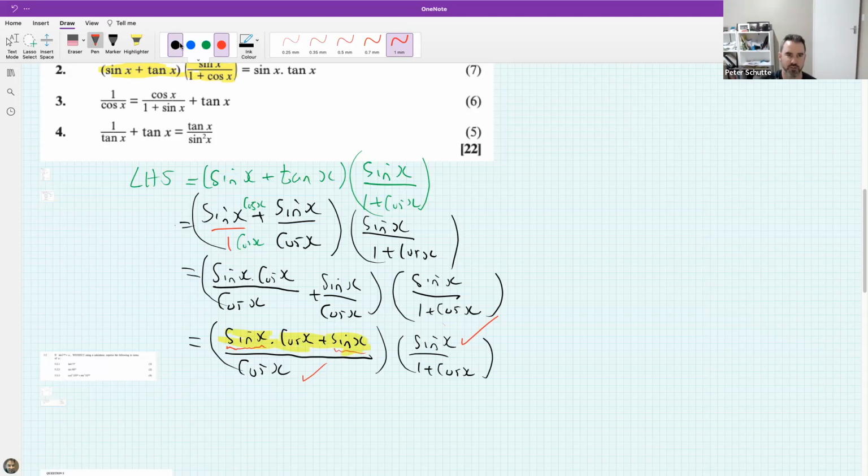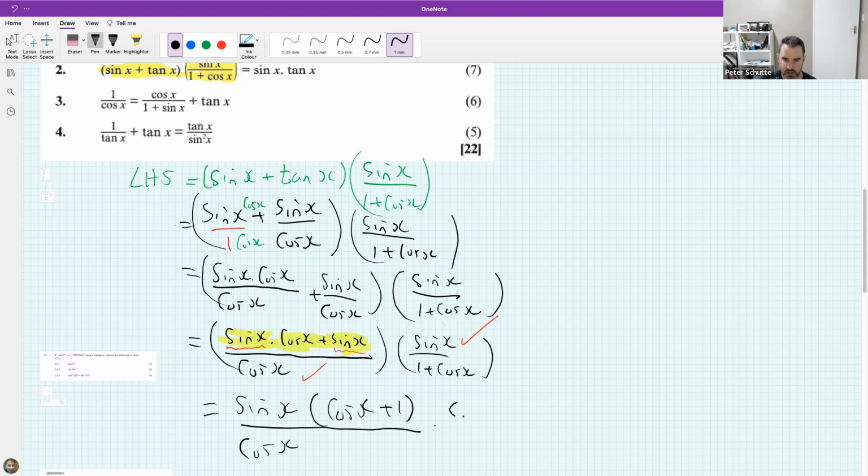Yes, Kapotso, you have spotted it. There is a common factor of sin x, and if you take it out, you should get cos x plus 1. Now that is a good sign. And over here, you have cos x. And then over here, you have sin x over 1 plus cos x.